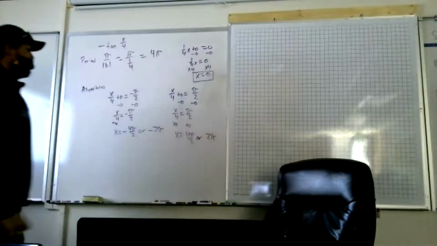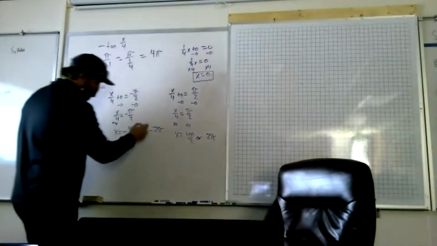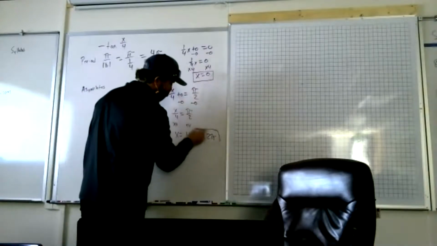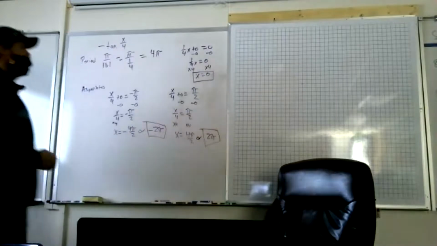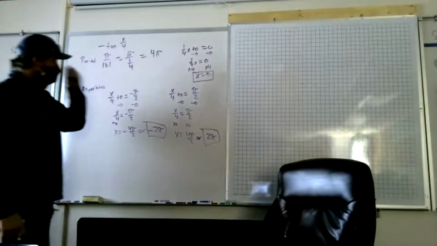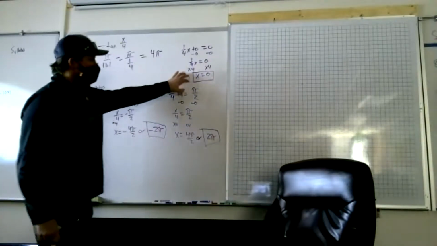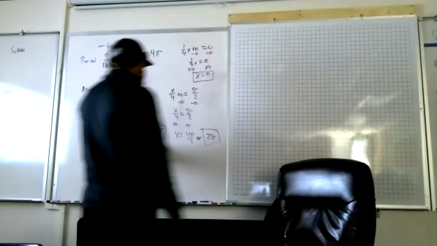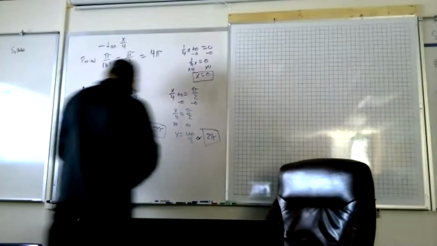So this is the critical information. I've got it boxed. My first x-intercept is 0, or at the origin. My first asymptotes are at negative 2 pi and 2 pi.